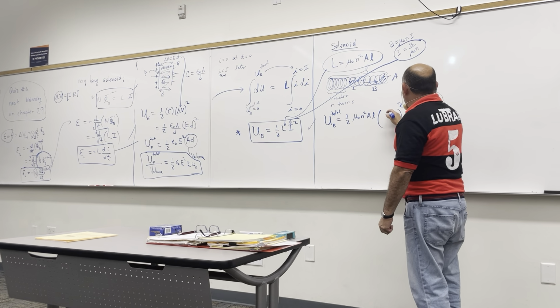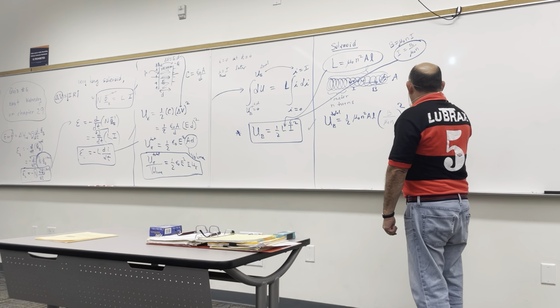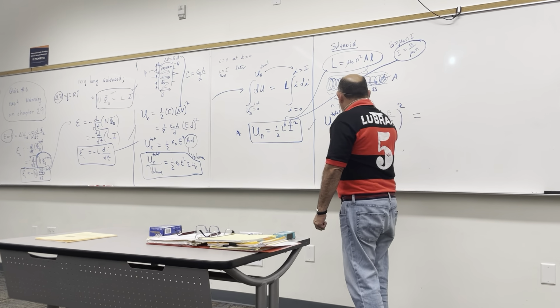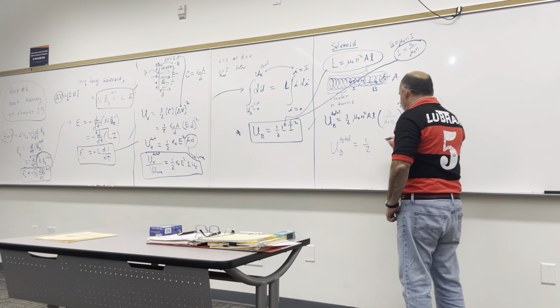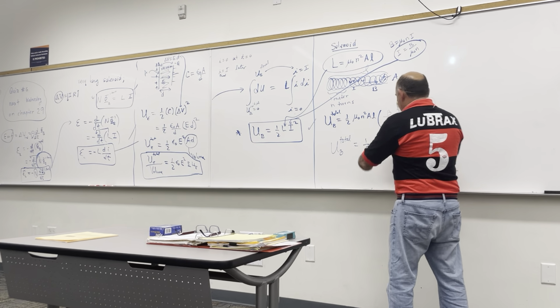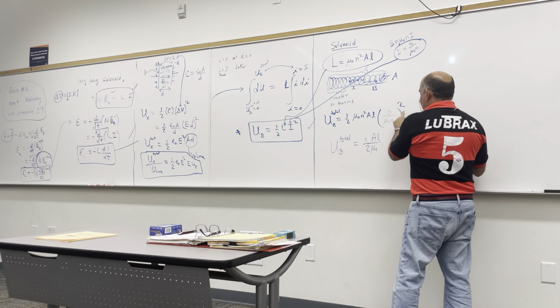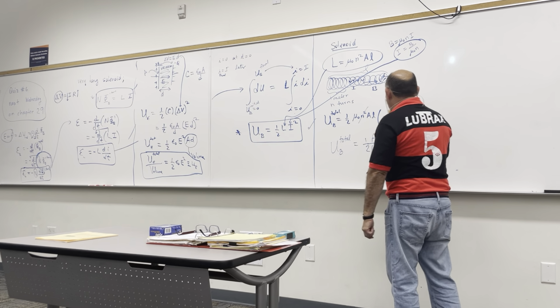So this will be B over mu naught N. So what do we get? Well, I'll continue here. And this is the total energy. We get 1/2. Notice I have a mu naught in the numerator and a mu naught squared in the denominator, so I'm going to have a mu naught downstairs, right? I have an A, I have an L, and I have N squared in the numerator and N squared in the denominator. So this cancels that. And then I have B squared.